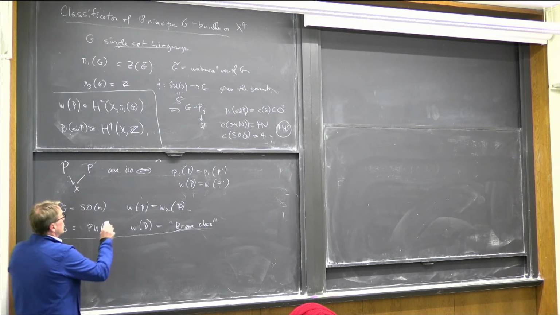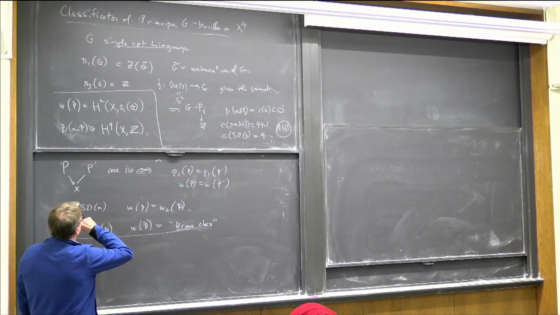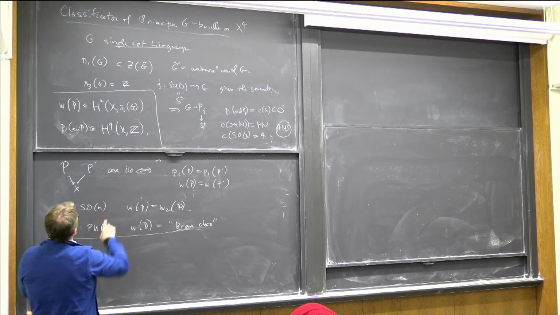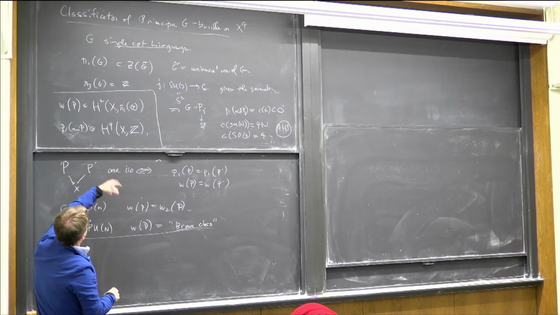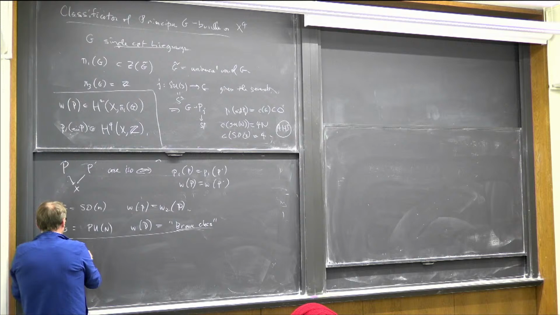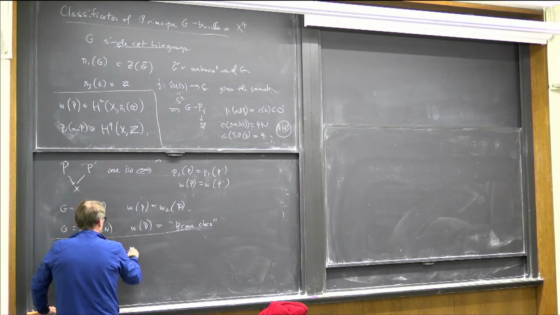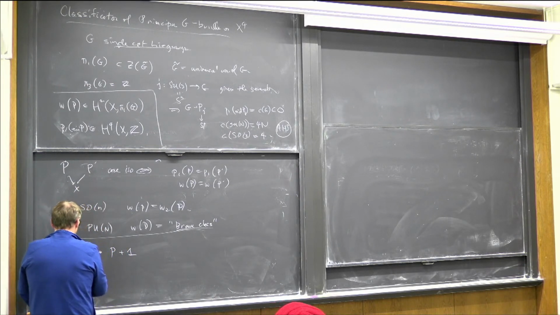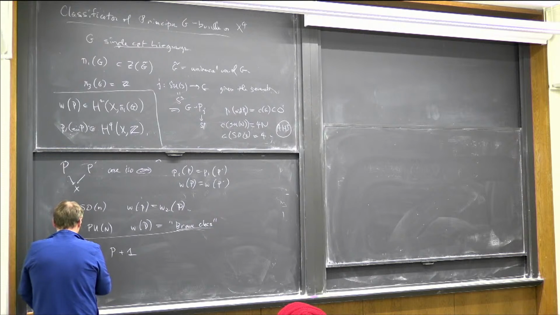Right. Now, there's a natural action of Z on bundles, which I kind of mentioned last time, but I want to say it a little more clearly this time. I can send P to P plus 1. What does that mean?